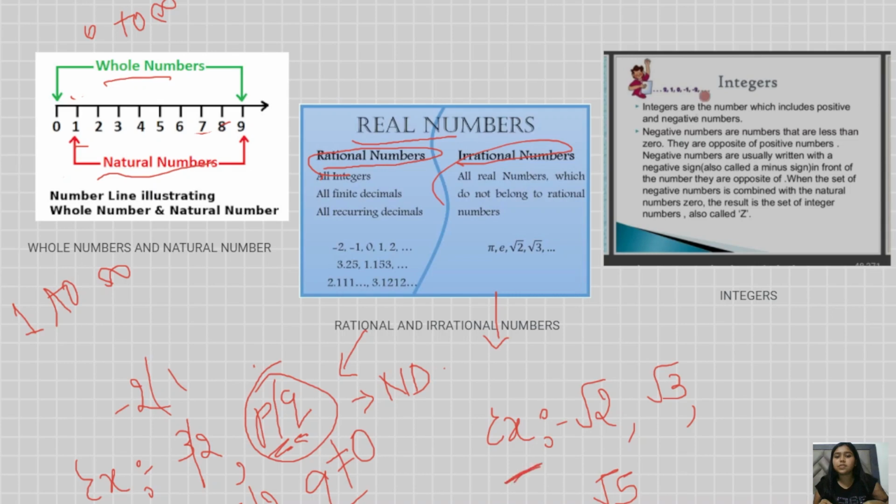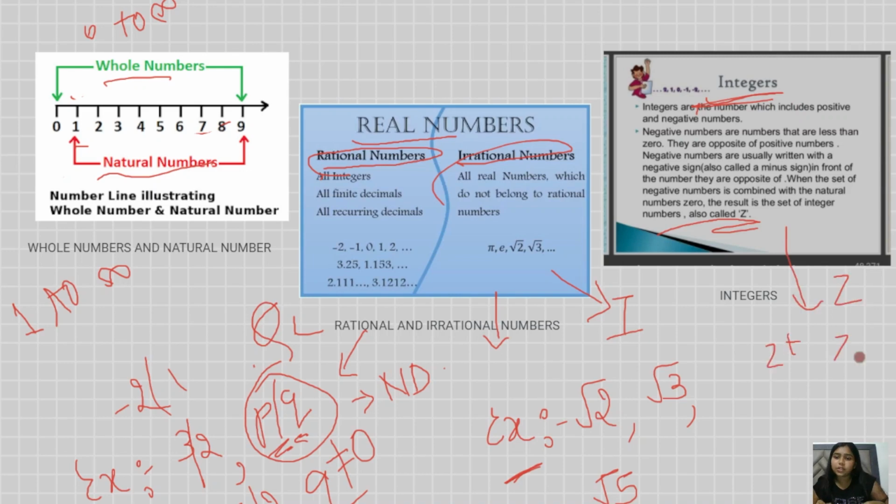Now let's have a look at the integers. Before that, the rational numbers can be represented by the capital Q, whereas the irrational numbers can be represented by the capital I. Now let's move forward with the integers. Integers are represented by the capital Z. Integers can be Z positive or Z negative.